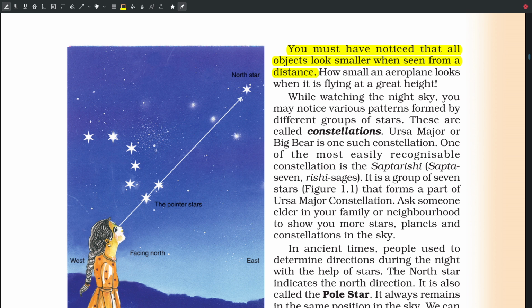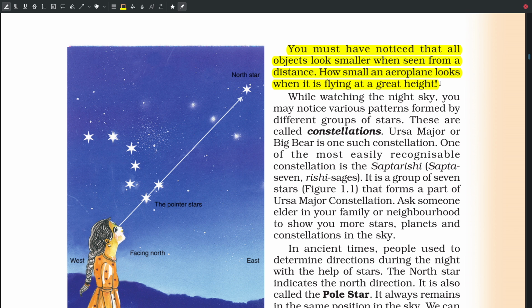Now, how small an aeroplane looks when it is flying at a great height. When we look at the sky and some aeroplane is passing over us, what is the general height at which aeroplanes fly? Do you have an idea? No. Okay. The domestic flights operating inside the different cities of a country generally fly at a height of around 1 to 3 kilometers.